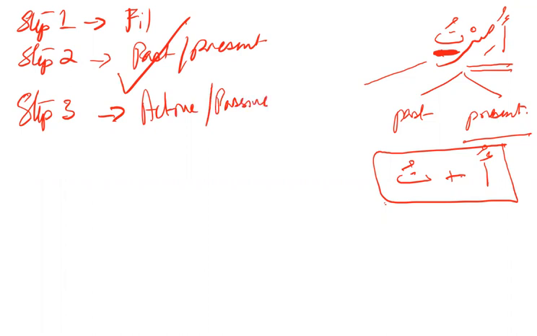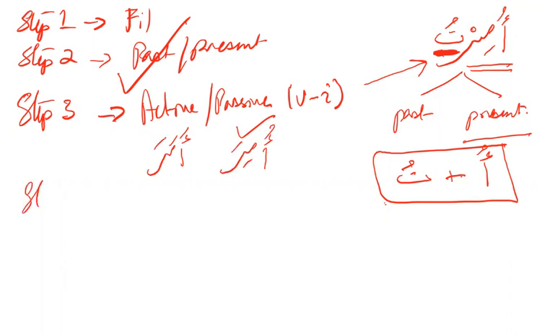Because we are doing past, it is passive. So it would be amara in the active, and umira in the passive.